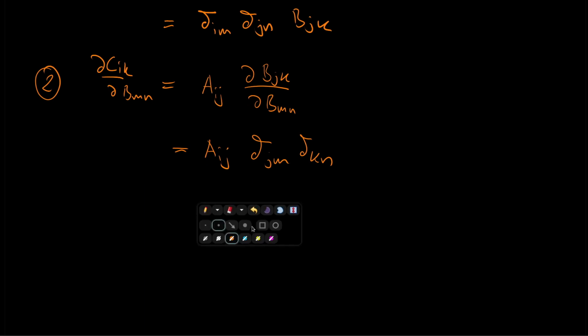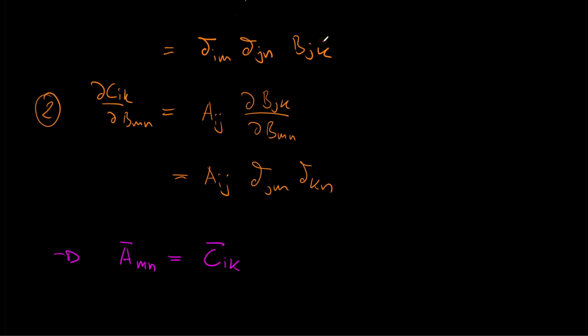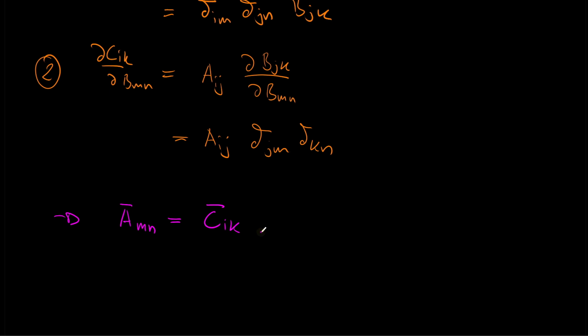Okay, then we can use these two to plug them back into the pullback, and then we will first have the pullback for the A input. So A bar to indicate the cotangent, index Mn is C bar index Ik, and then plug all of this in, which will be delta Im, delta Jn, bjk. Okay, then let's apply the property of the Kronecker delta that induces an index change.